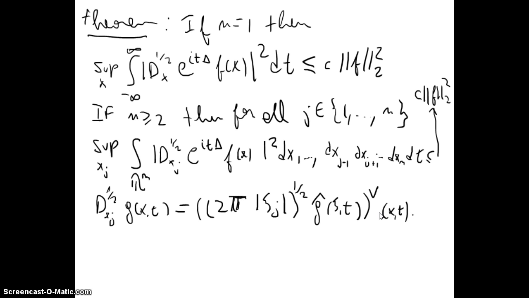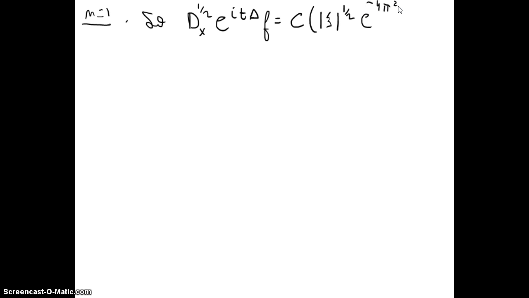This is the homogeneous derivative of order 1/2 in the variable x_j. So we're going to prove only for n equal to 1. We will leave the case of n greater than or equal to 2.